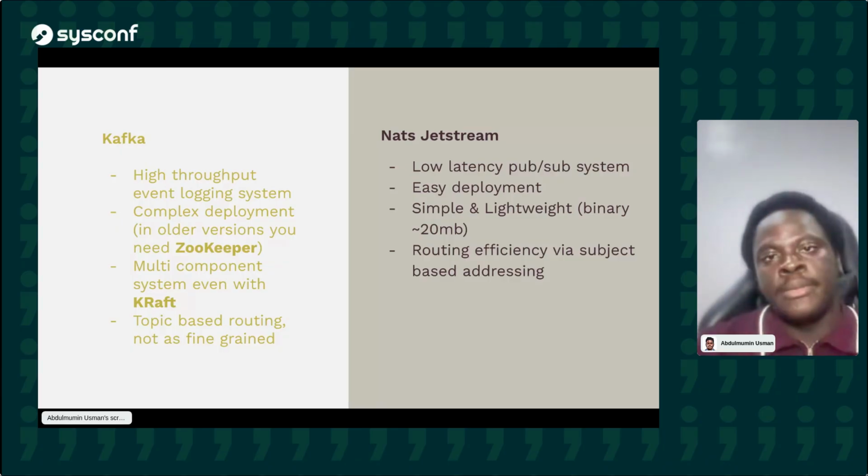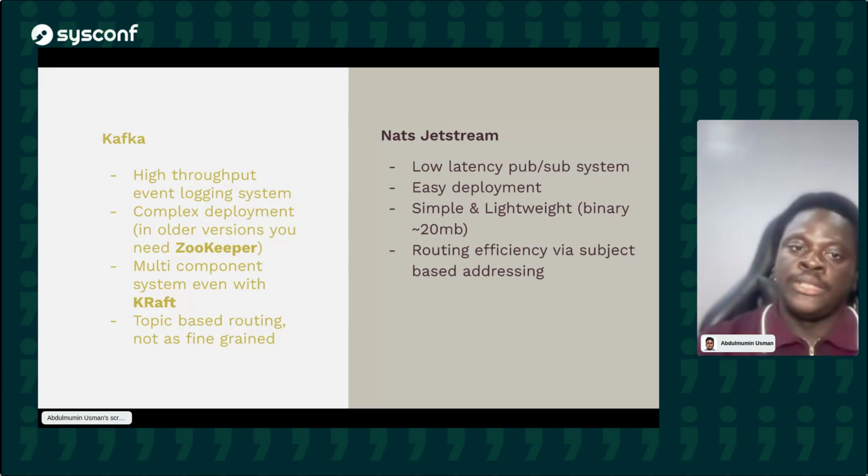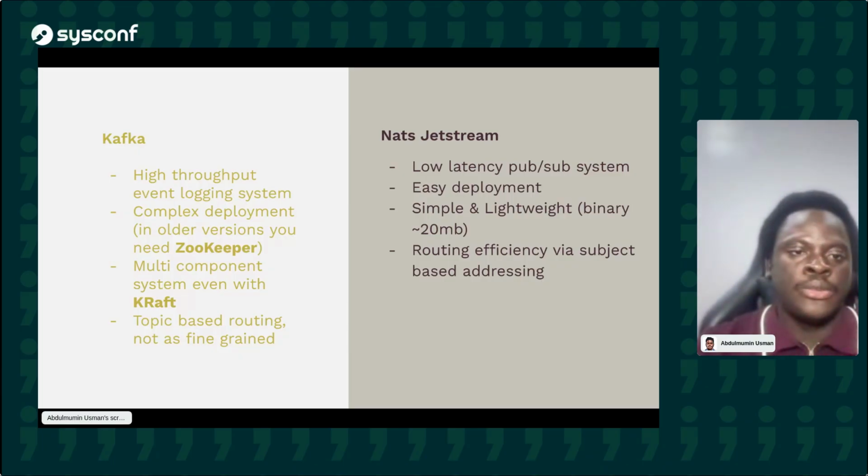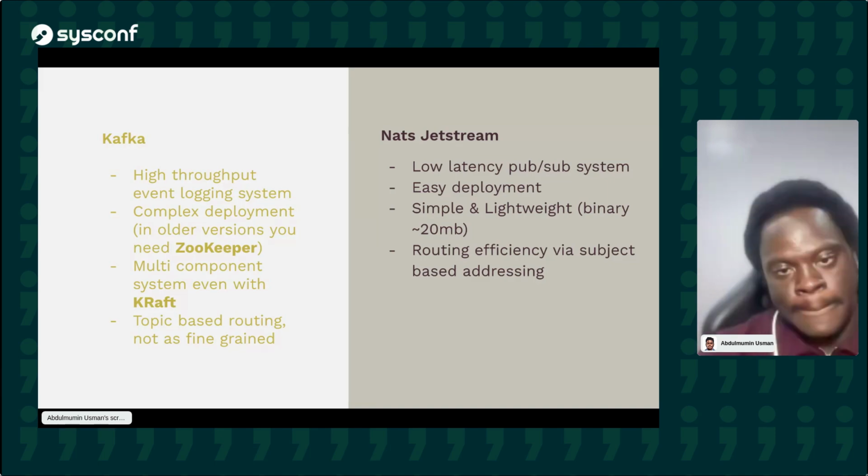You can use NATS bare bones, which is the fire-and-forget low latency pub/sub, or you could also use it with streams. Whereas Kafka is more of a multi-component system. In recent versions, you don't really need Zookeeper, because there's Kafka Raft, KRaft, which serves the same purpose for metadata and all of that.